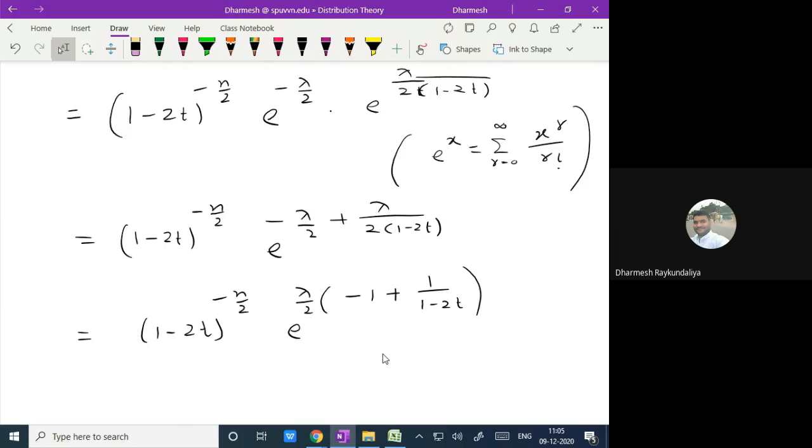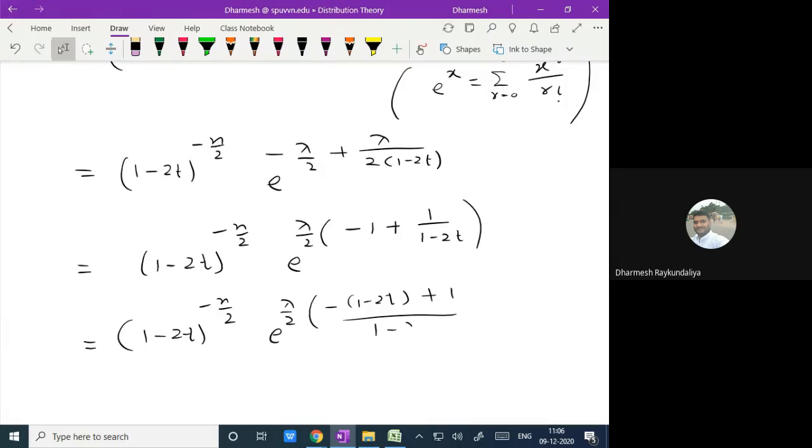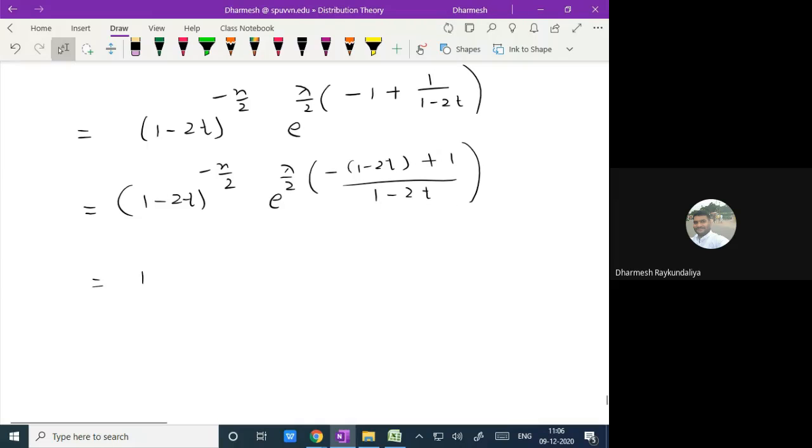Okay. So what will you get? (1 - 2t) raised to minus n by 2, e raised to lambda by 2 as it is. This is (1 - 2t) here, so it is minus of (1 - 2t) plus 1 upon (1 - 2t). So just simplify. It is e raised to lambda by 2, this is minus 1 plus 2t plus 1 upon (1 - 2t).